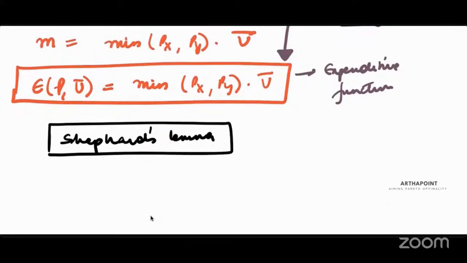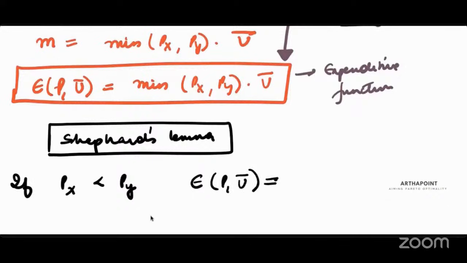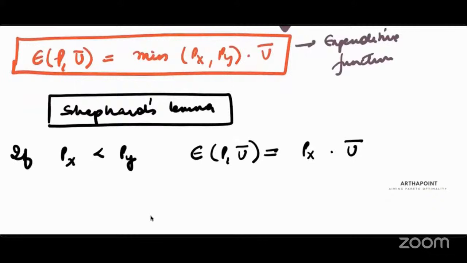So for Shepard's lemma, I say case 1, if Px is less than Py, then my expenditure function will be min of Px and Py, which is Px into u bar. So my x will be how expenditure changes when Px changes, which will be u bar.